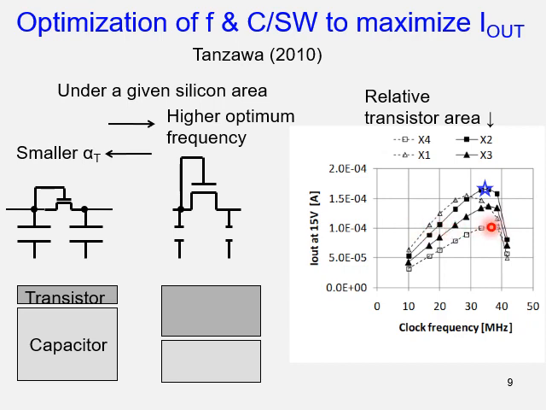However, too much transistor area reduces the peak output current due to the loss based on alpha T. So in this demonstration, X2 has the highest I-out in terms of frequency and transistor size.